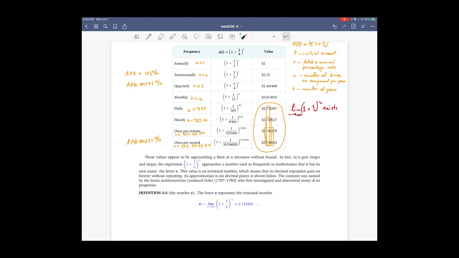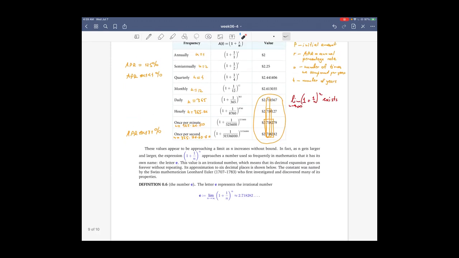To answer our question, the maximal possible interest rate that you can get is the number e minus 1 times 100%, which is roughly 171%.